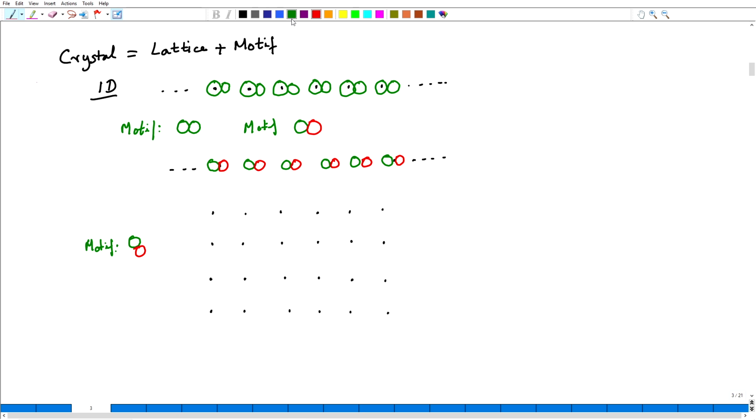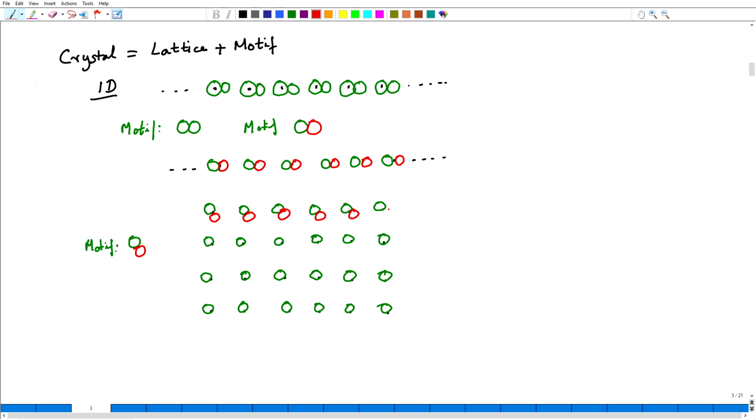I can then put, for example, first the green atoms, and then I put the red atoms.